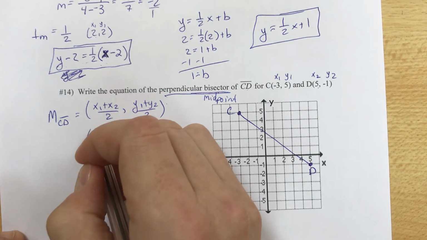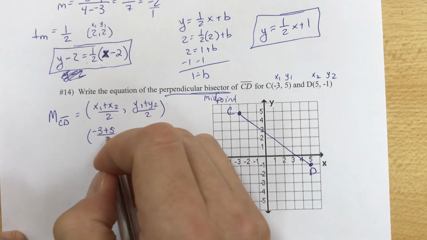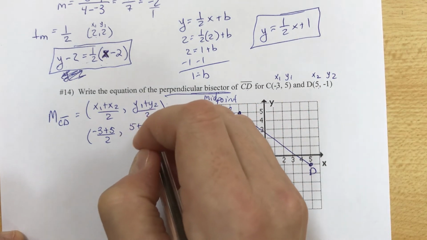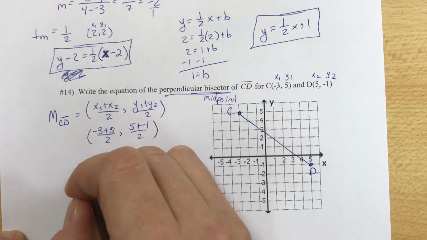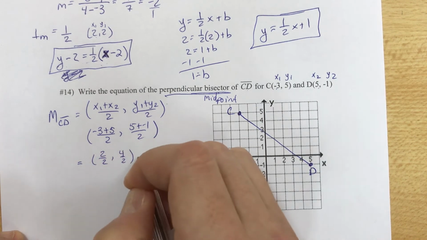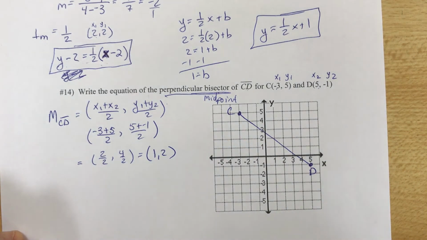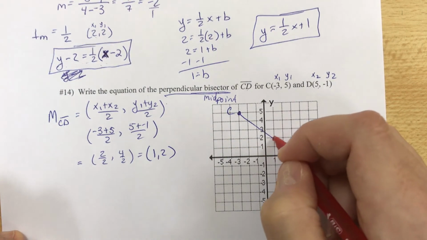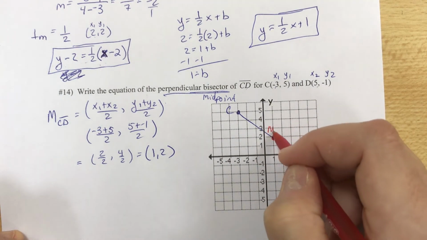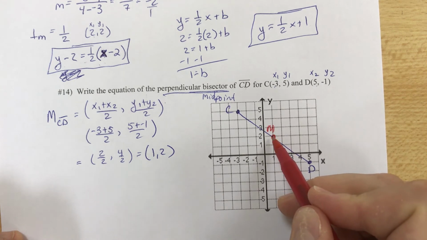So we would get, add the x values, -3 plus 5 over 2, and the y values are 5 plus -1 over 2, and what we get is 2 over 2 and 4 over 2, which reduces to (1, 2). Now that's the midpoint. Actually I drew this really well because it goes right through (1, 2). So there's the point that we're going to go through.